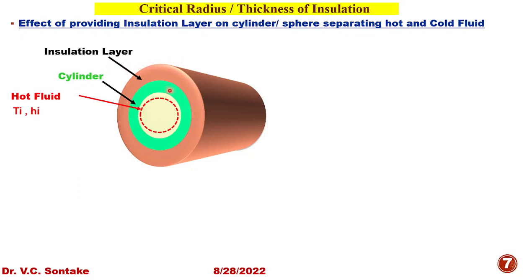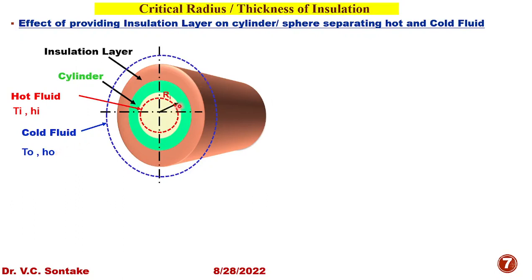Let us say this cylinder is carrying hot fluid inside, having its temperature and convective heat transfer coefficient Ti and hi respectively. This entire cylinder is exposed to the cold fluid from the outside at a temperature To and convective heat transfer coefficient ho.